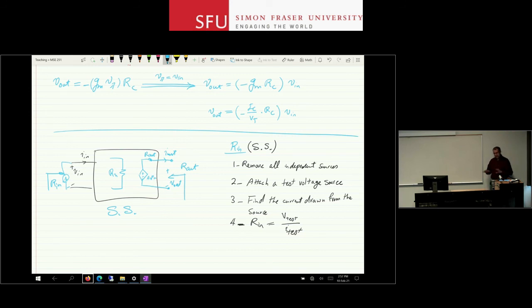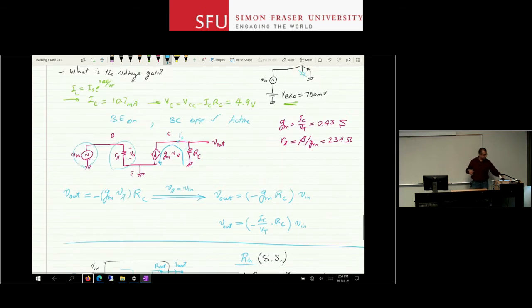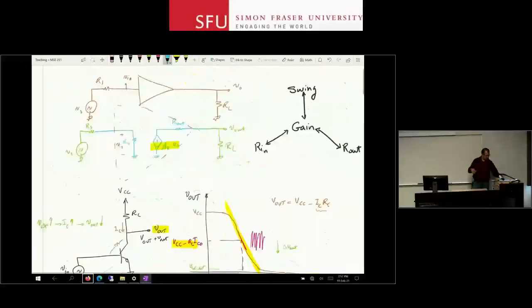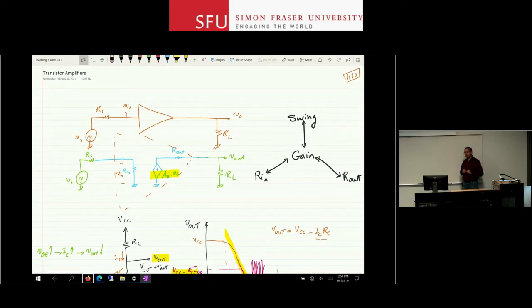And these values of R in and R out are very important because they help us make that simple model that we had for the amplifier, right? So we wanted to reduce the amplifier to just three components: a dependent voltage source, an output resistance, and an input resistance.